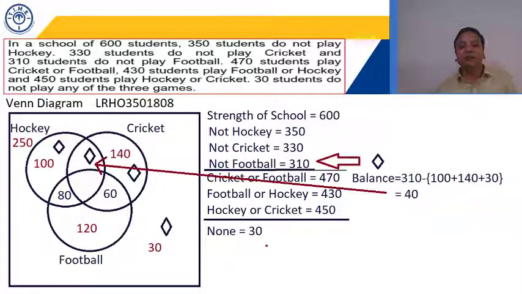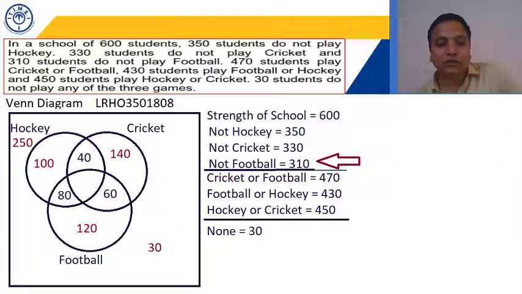So 310 minus 270 is 40, which comes in the region marked with an arrow. So here comes 40. I hope this is clear. Till now we used this second set of information also.